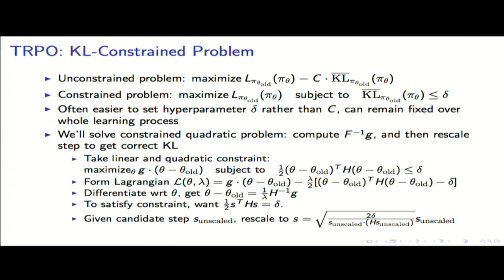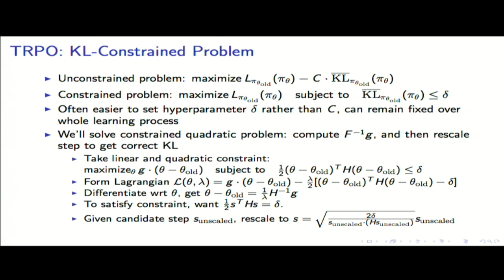We take H inverse times the gradient to get our unscaled step, then rescale it by multiplying by this coefficient, which is the square root of 2 times delta over the quadratic form: Hessian times unscaled step, dot producted with the unscaled step.